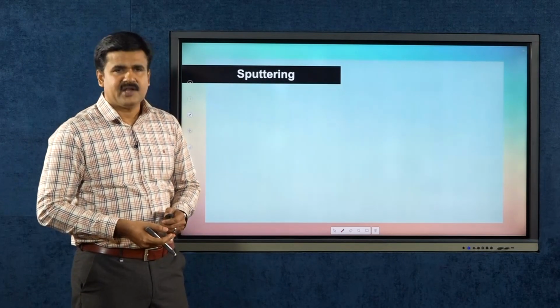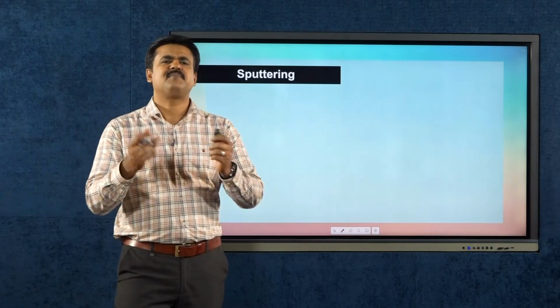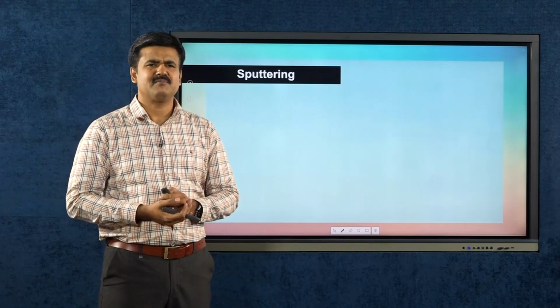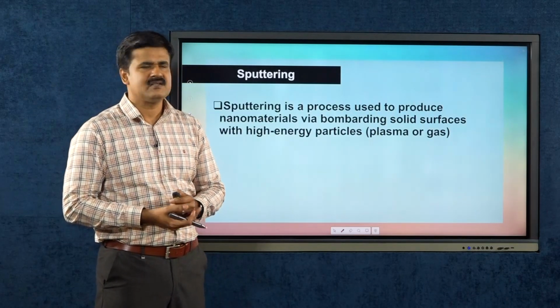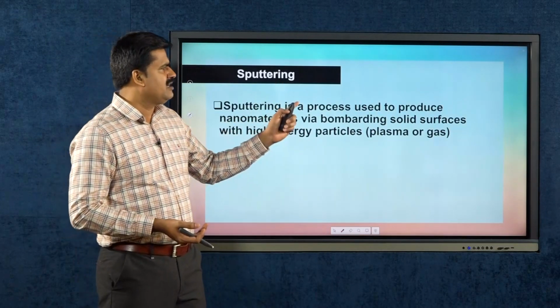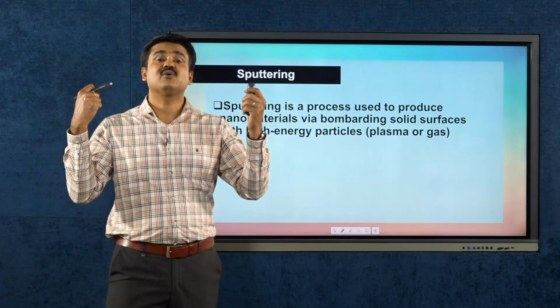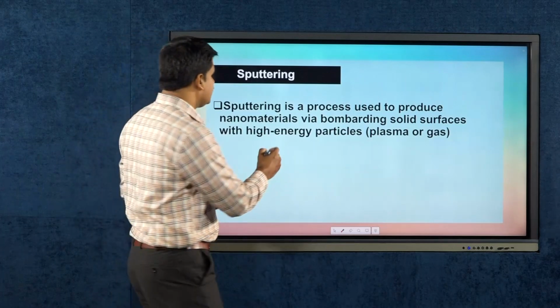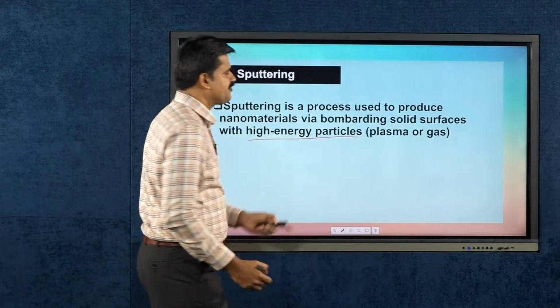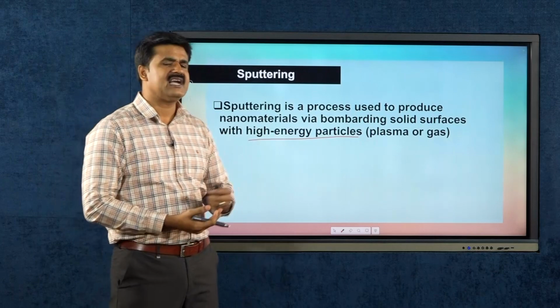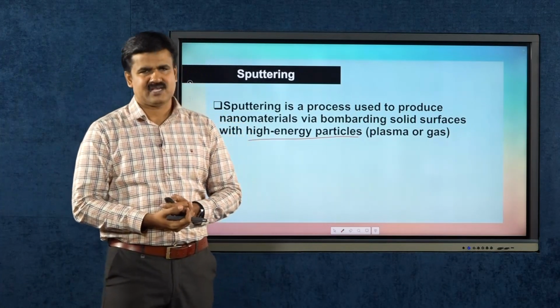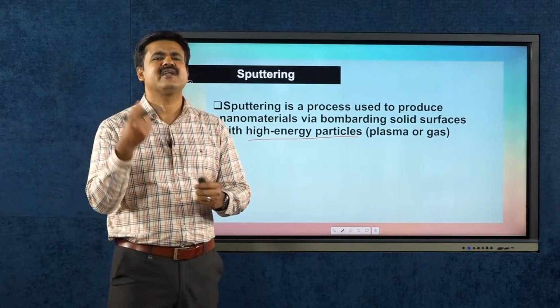Now, sputtering. Sputtering is a very important method, also a recently discovered technique for the preparation of nanomaterials. Here, nanomaterials are produced by bombarding or hitting a solid surface with high energy particles, which may be plasma or gas. So, sputtering is bombarding or hitting.